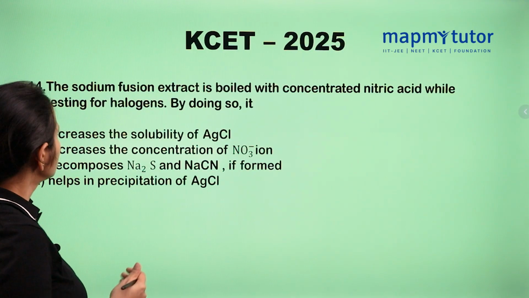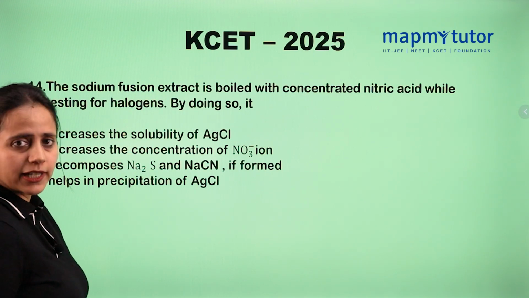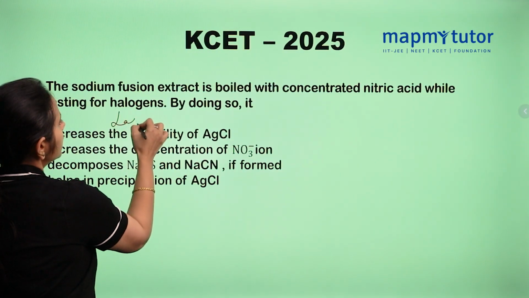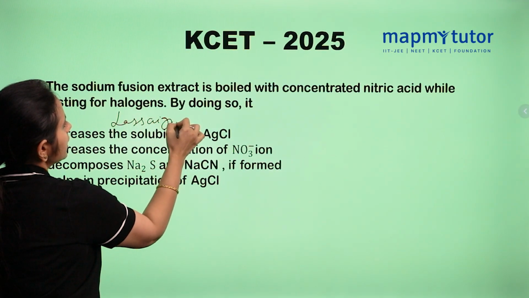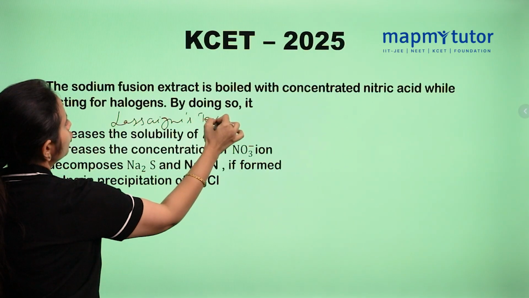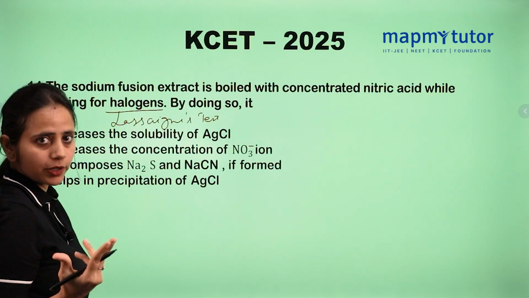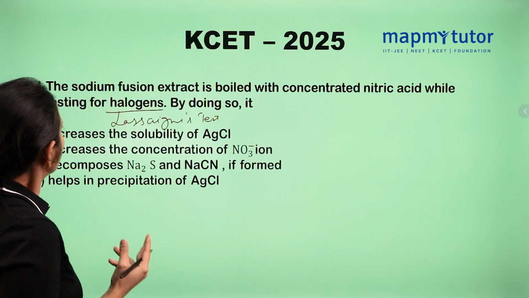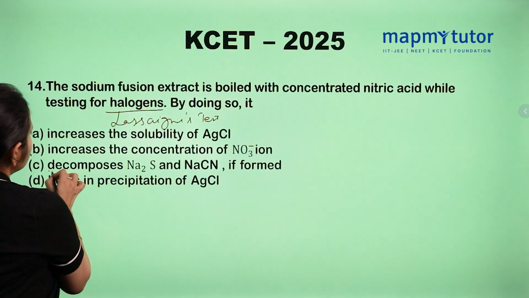What do you think? This is a very famous test known as the Lassaigne test, which we do for the detection of halogens. In this, what will happen? This is the right answer.